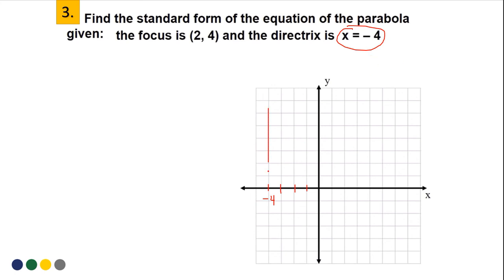And now, what is the opening of the graph if directrix is at the back or at the left side of our x? So, what is the opening? Directrix is the total opposite of the opening of the graph. And what is the opening now? Right or left? Right po, sir.